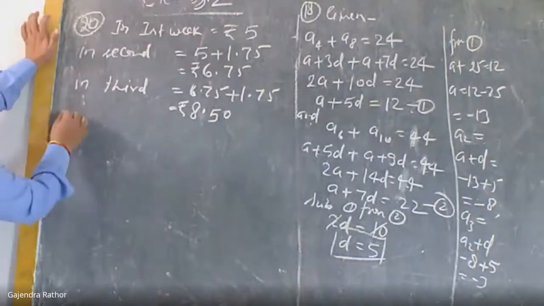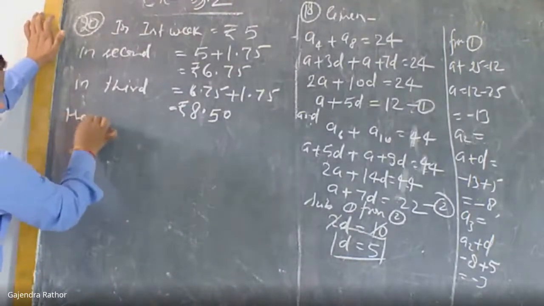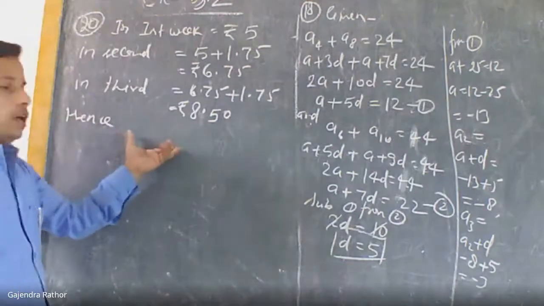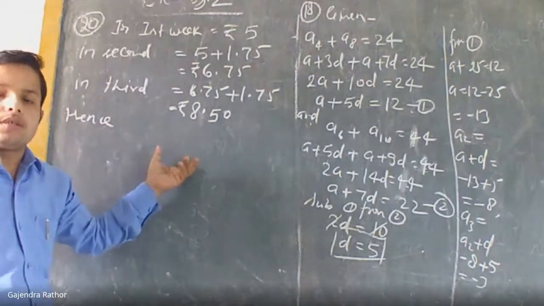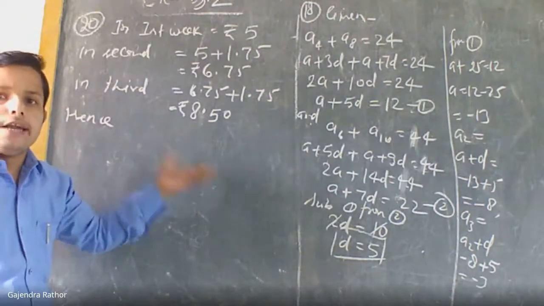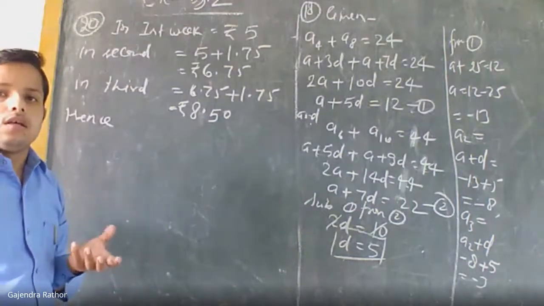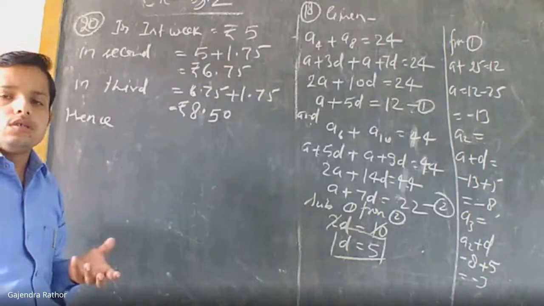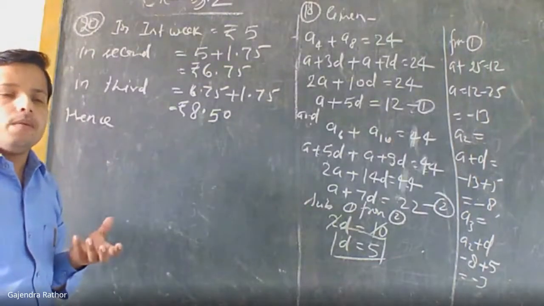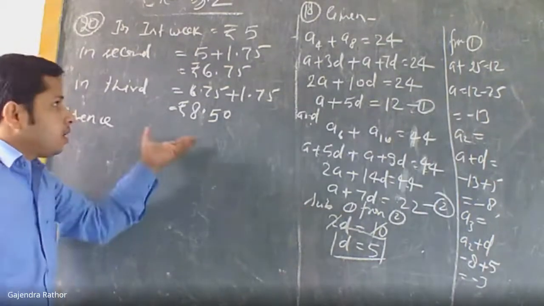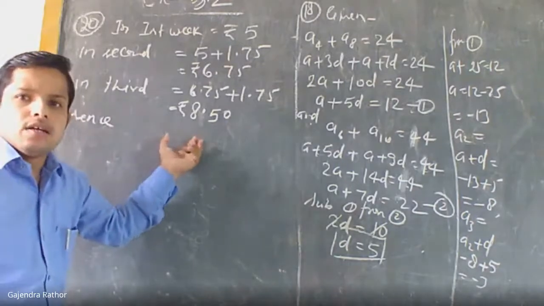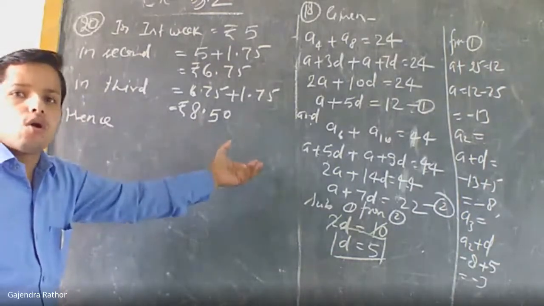Hence, in such types of word problems, when the terms are in AP, we can use the properties or rules of AP as I told you yesterday. But first we need to show that these values make an AP or not.